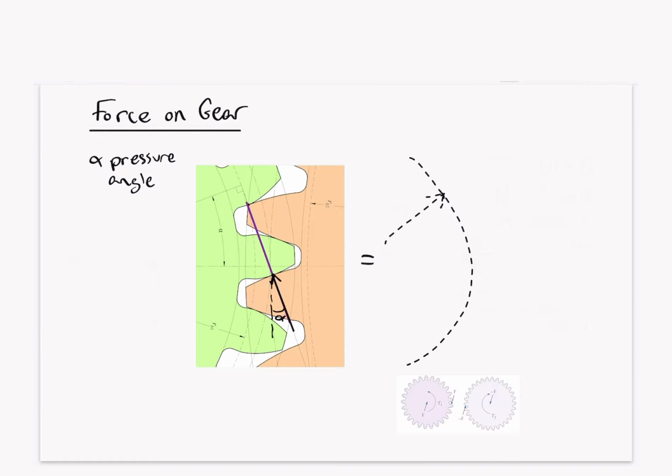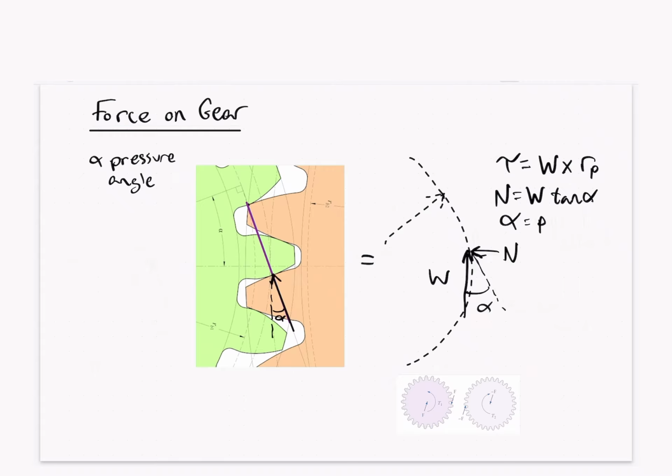Here we have our W, our normal force that doesn't affect our torque, and this is happening at that angle of attack alpha. And so we can say that our torque is equal to W crossed with RP. Our normal is going to be W tan alpha, and alpha is our pressure angle.